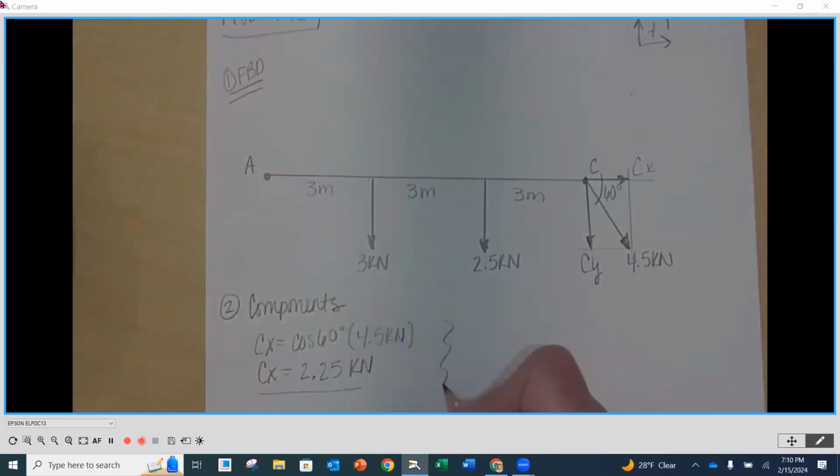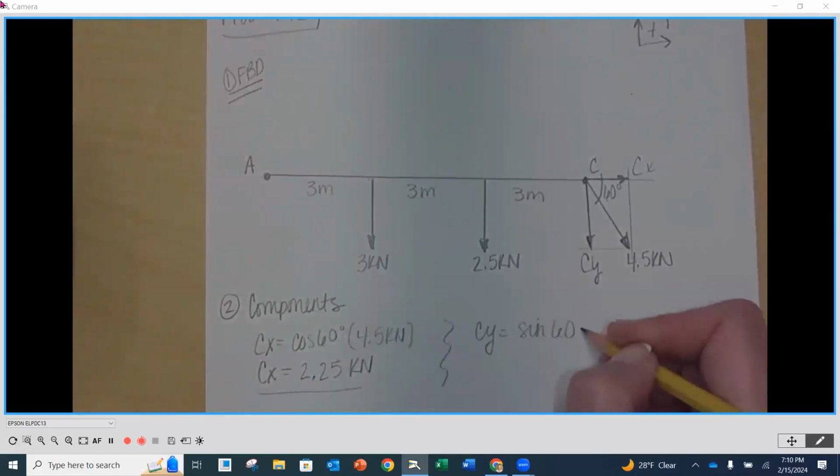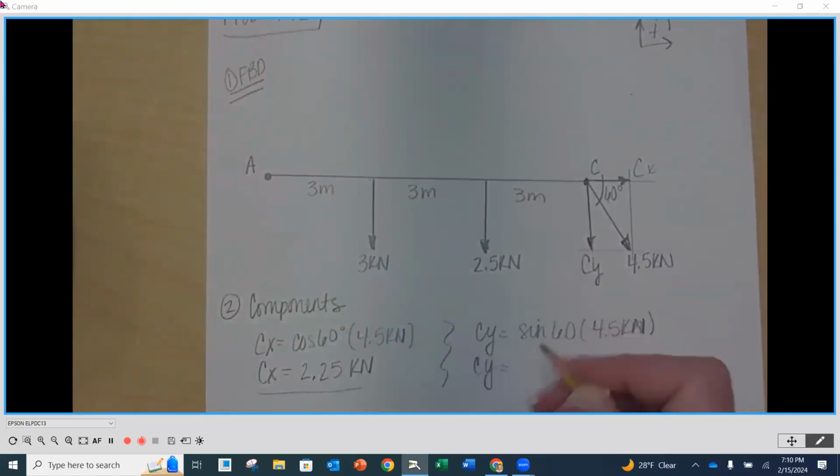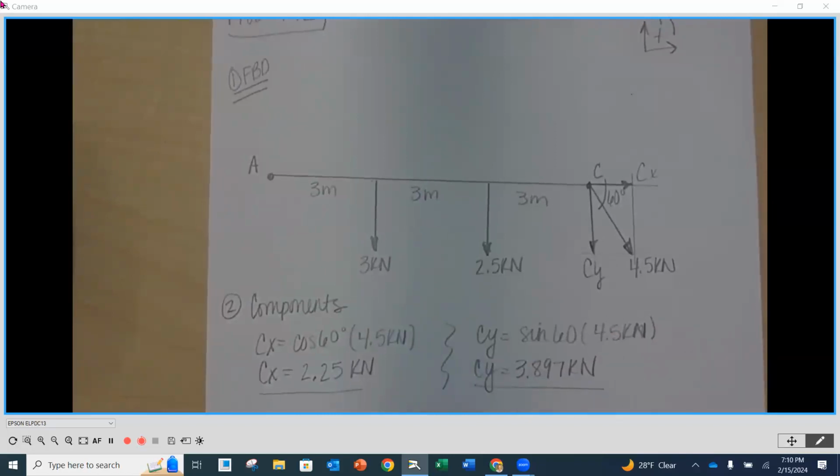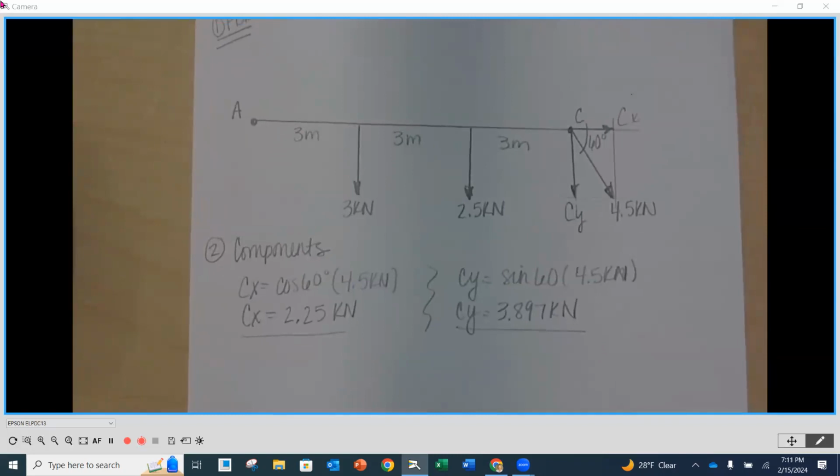And then our CY is going to be the sine of 60 times 4.5 kilonewtons. CY is 3.897 kilonewtons.